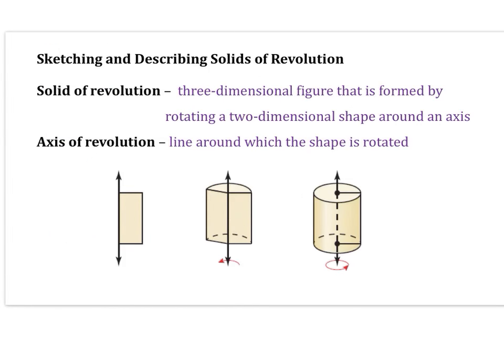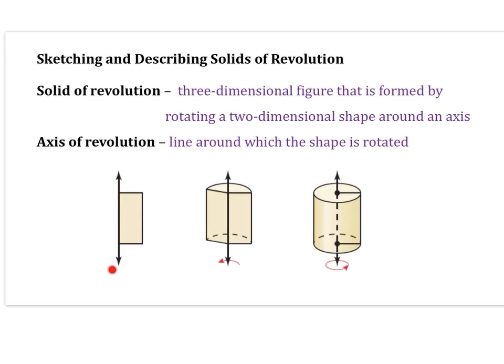All right, our next concept is sketching and describing solids of revolution. A solid of revolution is a three-dimensional figure that is formed by rotating a two-dimensional shape around an axis. The axis of revolution is the line around which the shape is rotated. Think of this as a progression. This is what you start off with.